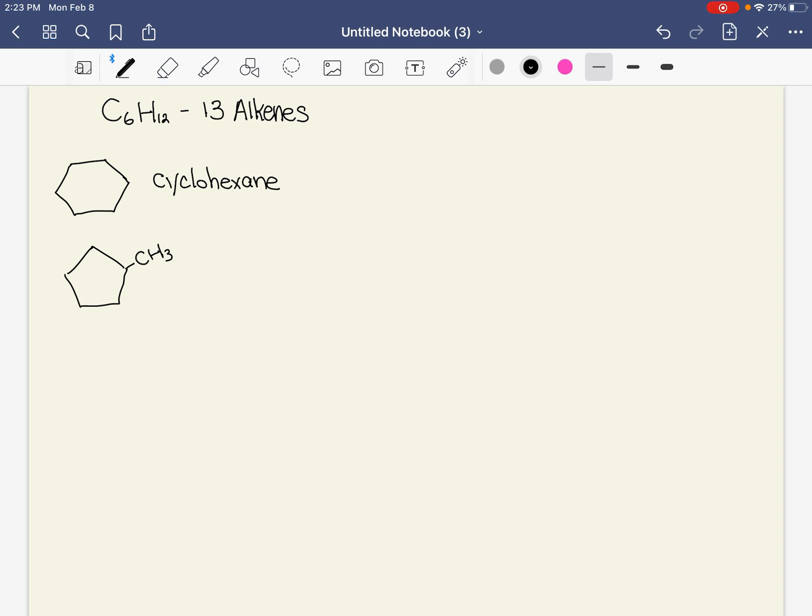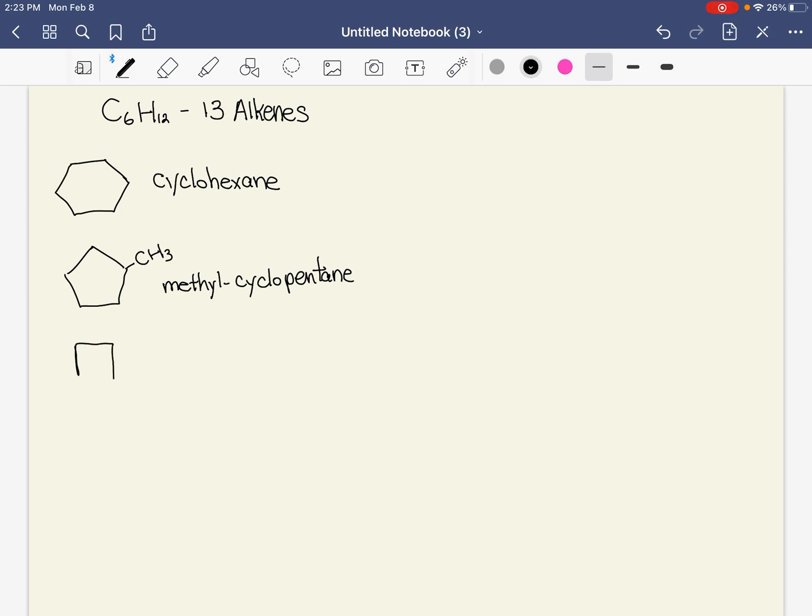This is called methylcyclopentane. Now, some people might be saying, how come you don't write a 1 here? Do I have to write a 1 here? You can if you want, but if you think about it, there's really no need to, because other than 1, where else would you put that methyl? But it's not wrong if you write 1. Just writing too much where you don't have to.